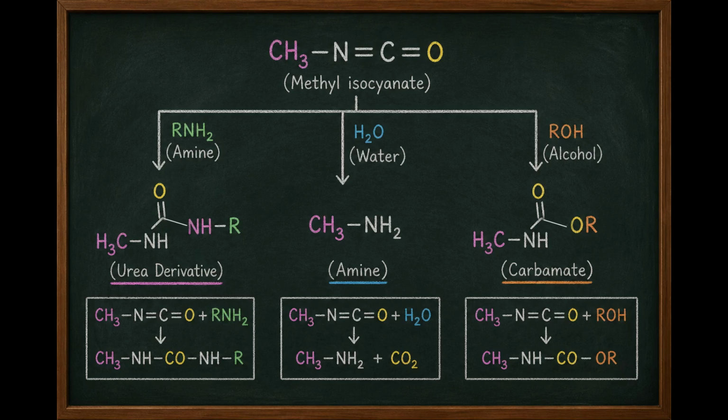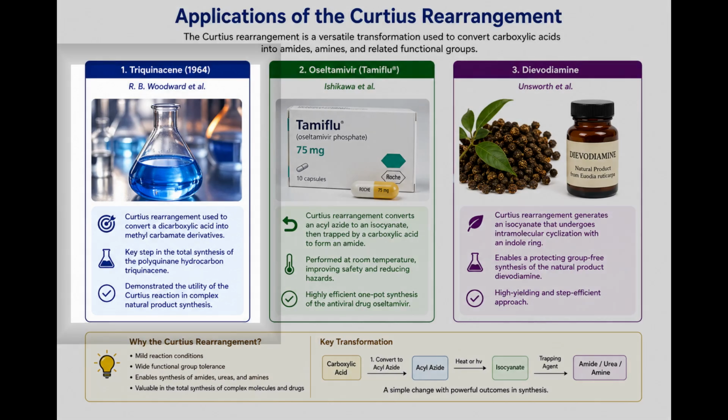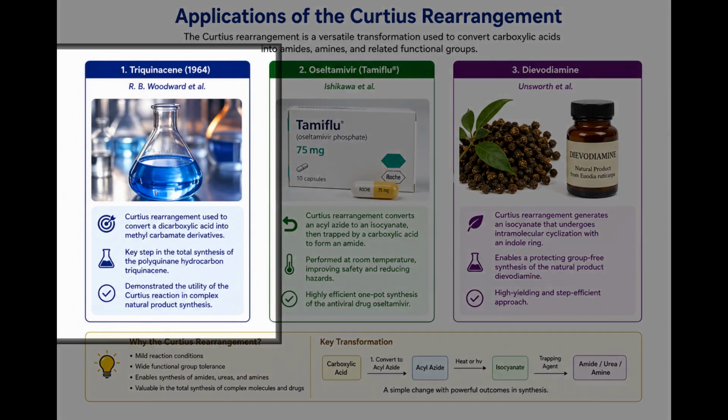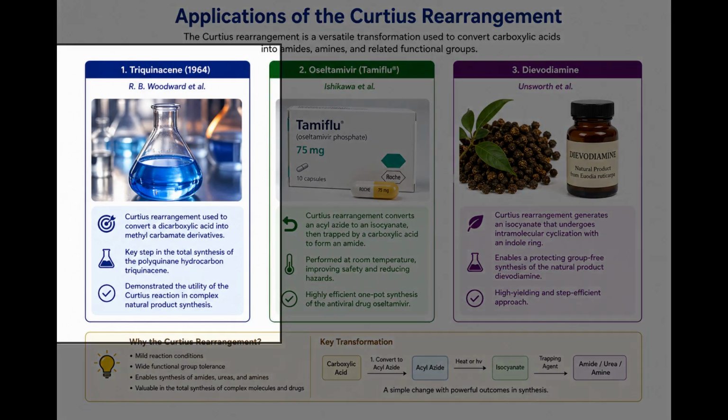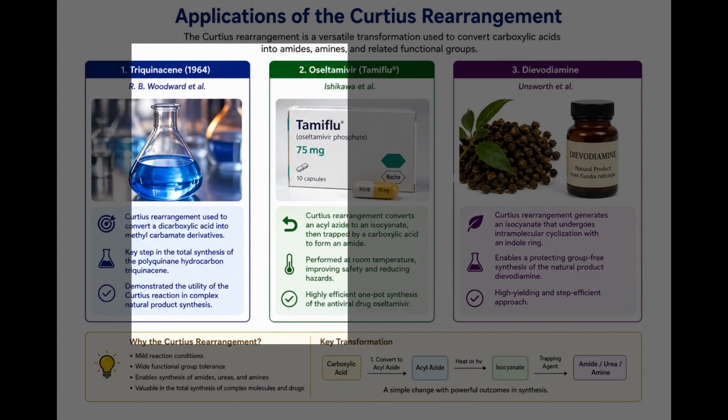final product formed. This slide highlights the applications of the Curtius rearrangement, a powerful reaction that converts carboxylic acids into amines, amides, and related functional groups via an isocyanate intermediate. On the left, it was used by Woodward in the synthesis of triquinacene, showcasing its importance in complex hydrocarbon construction.